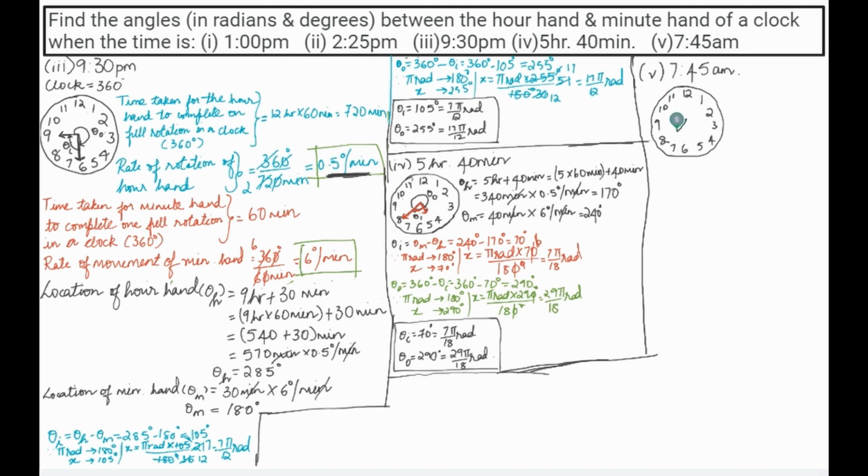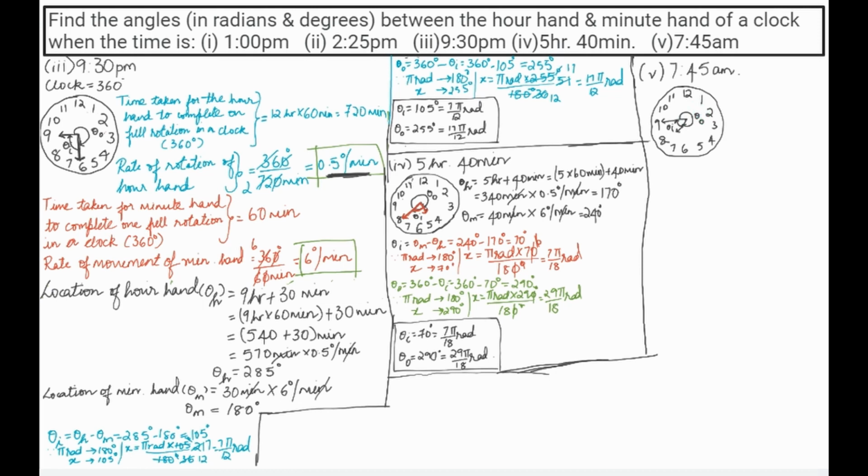So 7:45 a.m. The angle between the hour hand and minute hand is this one, which is the inner angle. The angle between the minute hand and hour hand is theta O.